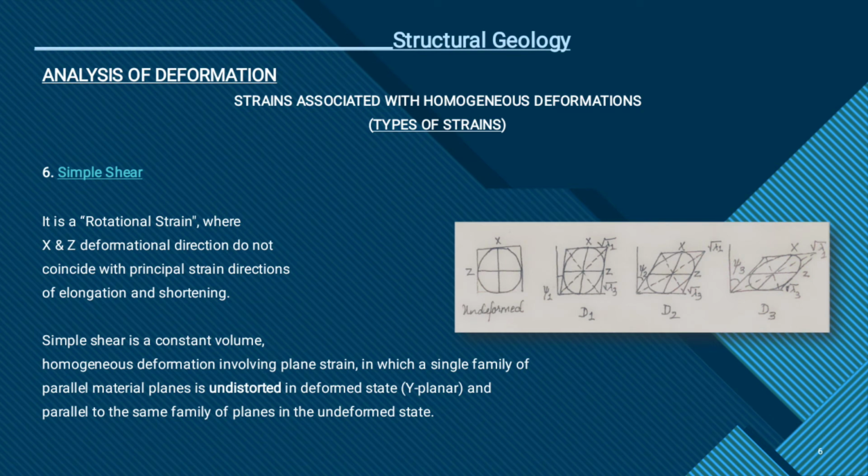Next will be simple shear. This is a rotational strain, right? Here the x and z deformation directions do not coincide. See, this is the x, and this is the z.